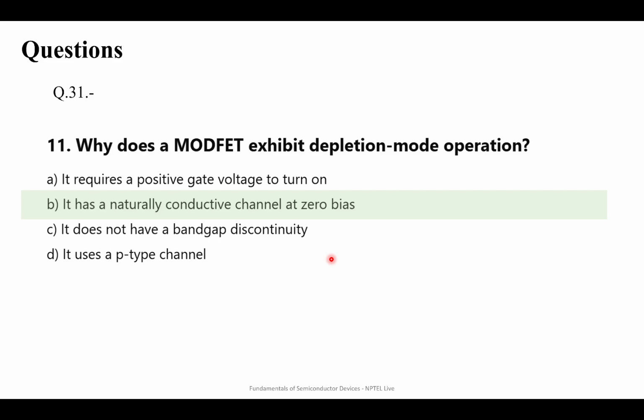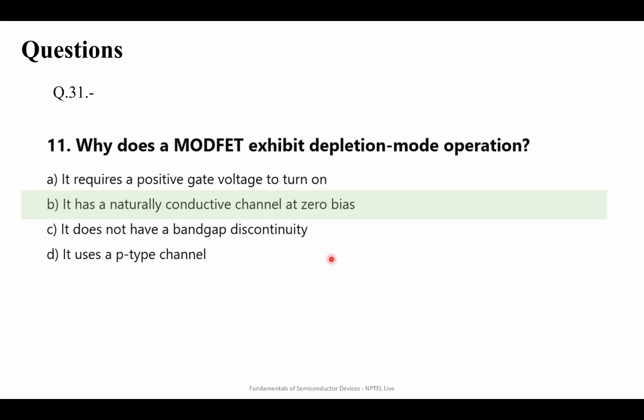That is correct. So the 2D electron gas that is forming, as I had shown you, by default the Fermi level is inside the potential barrier. So you already have a conductive channel. You already have electrons at zero bias.